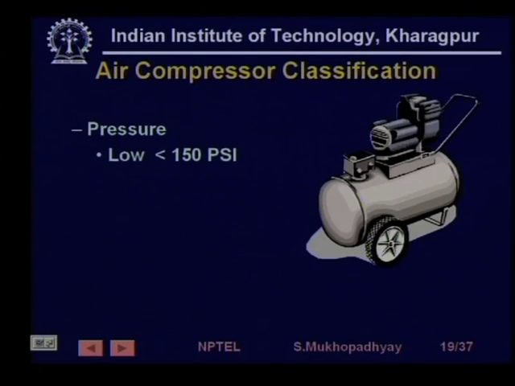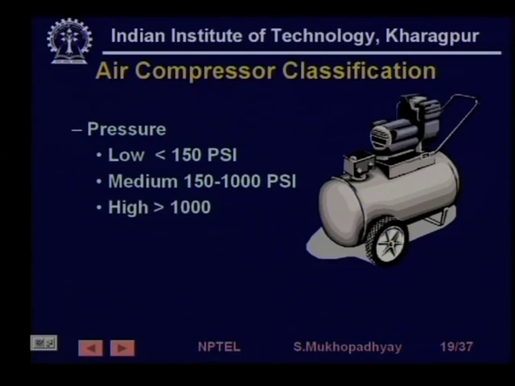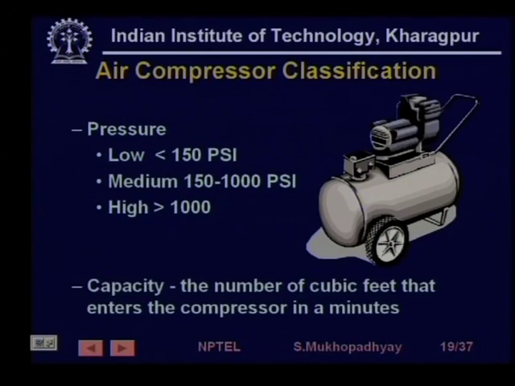So, compressors are available in various sizes or capacities. Up to 150 psi would be low pressure, 150 to 1000 is medium, and greater than 1000 psi will be high pressure. For the capacity of the compressor, there is a pressure rating which is decided, and compressed air is supplied at that rating.